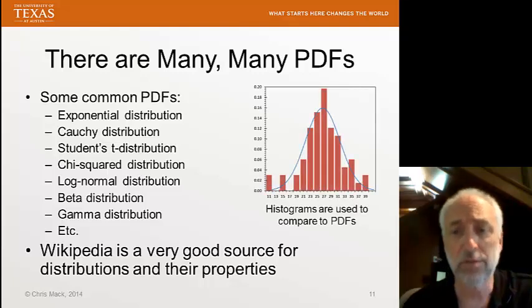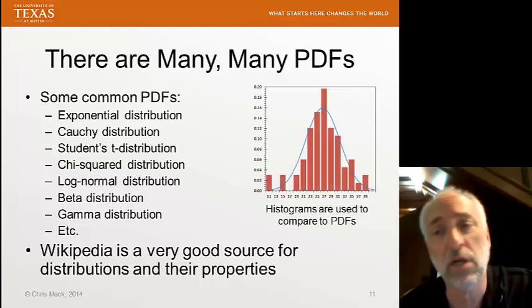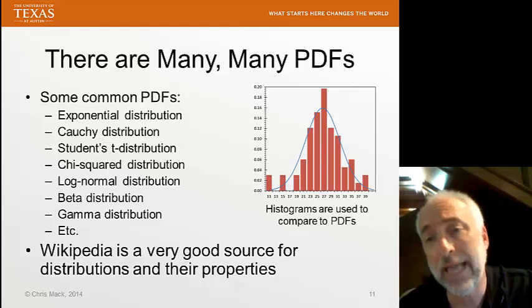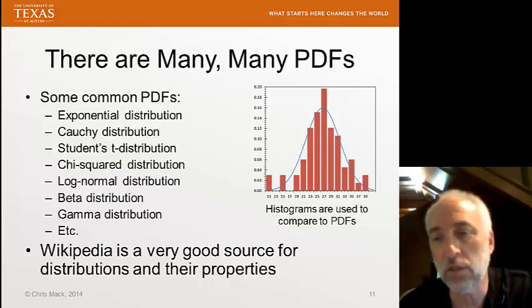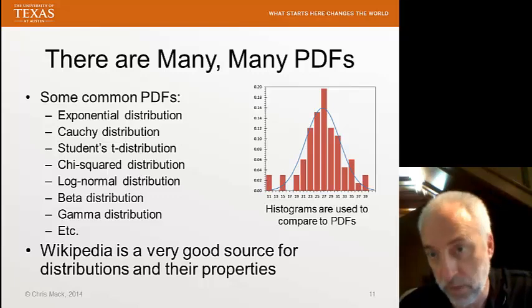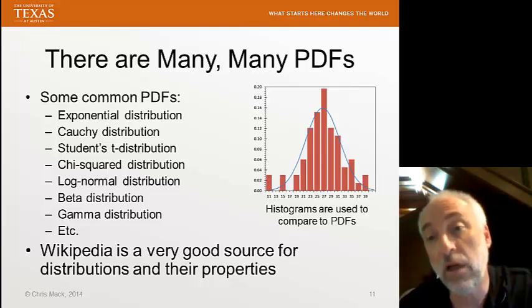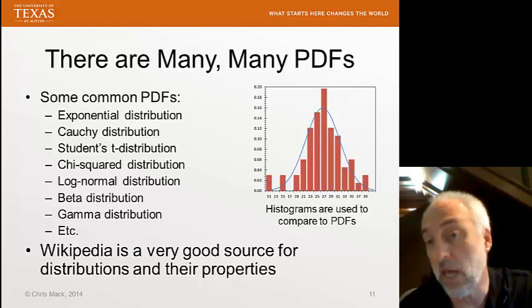And finally, to relate a PDF to something we talked about very early, when we looked at characterizing univariate random variables in our discussion of descriptive statistics, we talked about histograms. Histograms are very often used as ways of comparing to PDFs.